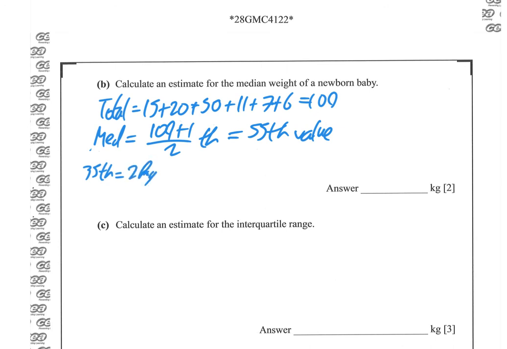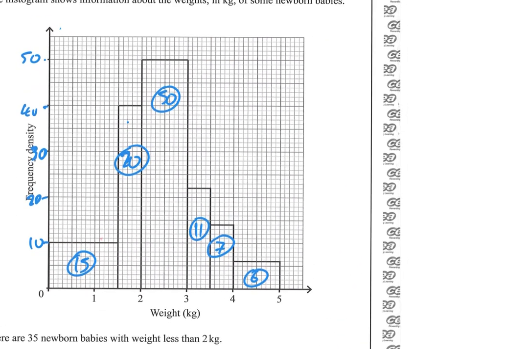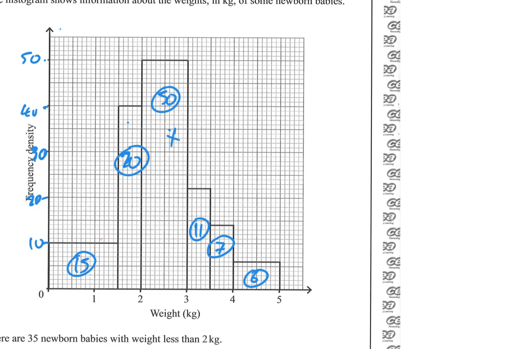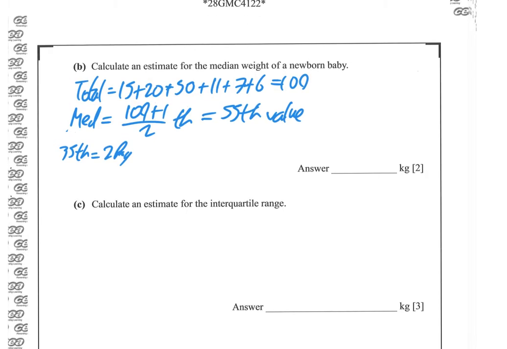We need to get up to our 55th value. So we need to go 20 values into this interval here. And the width for this interval is just 1. So we'll need to see what we need to get.